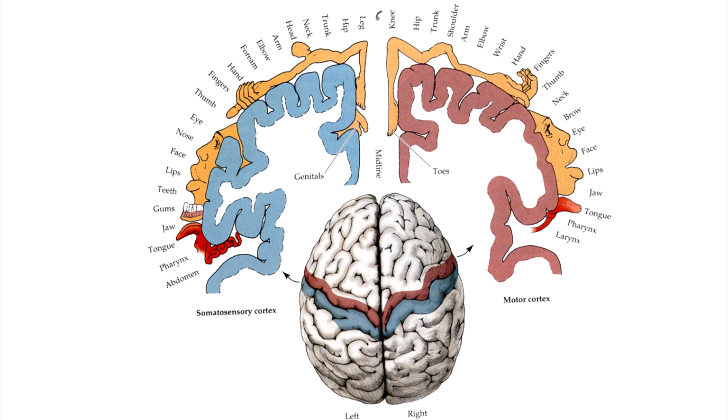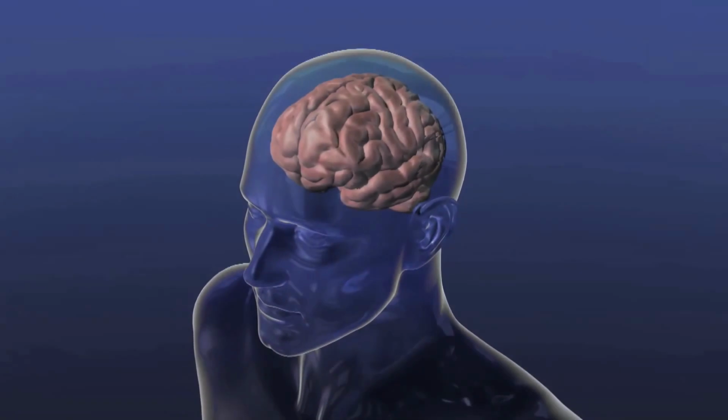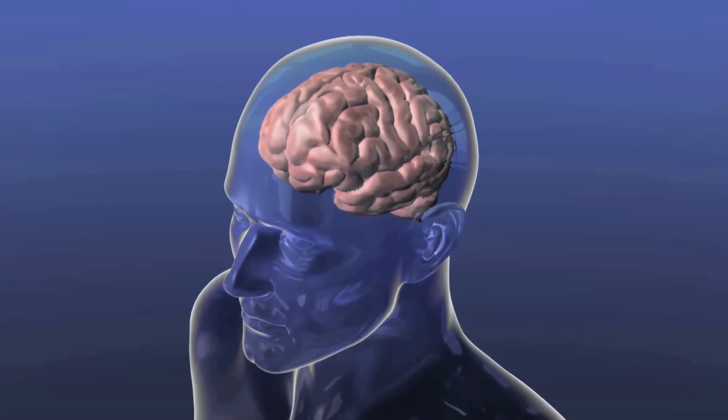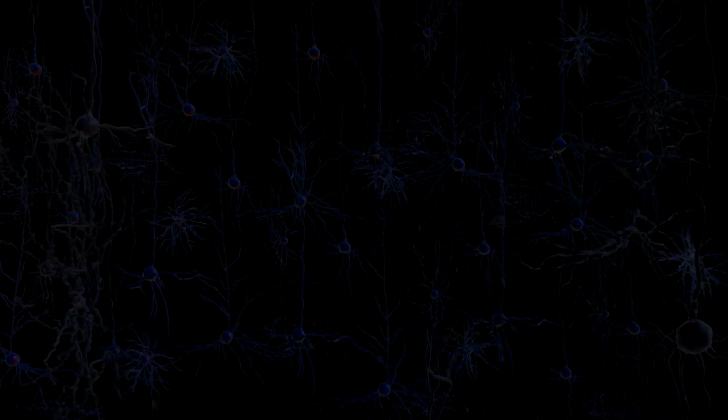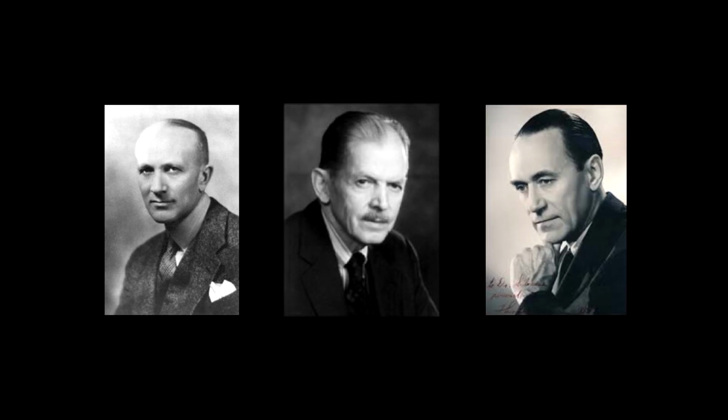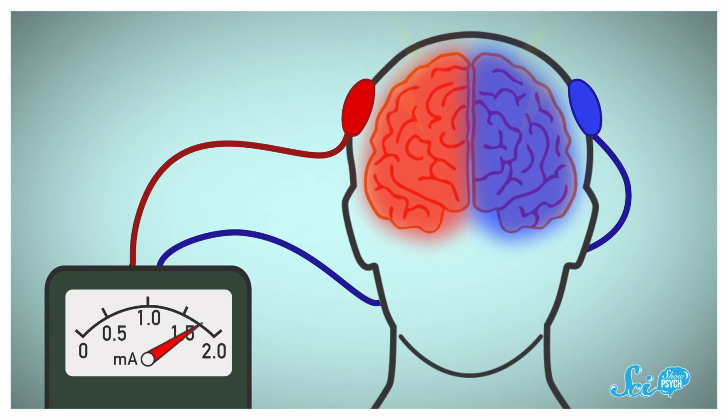As a quick aside, these maps do not just exist on the surface of the brain, they also extend into the depths of the cortex. The cortical homunculi were discovered when doctors Wilder Penfield, Edwin Boldrey, and Theodore Rasmussen performed neurosurgery on conscious patients and electrically stimulated specific parts of the cortical surface. In this way, they could get a subjective account of what the patient experienced when they stimulated specific brain regions.